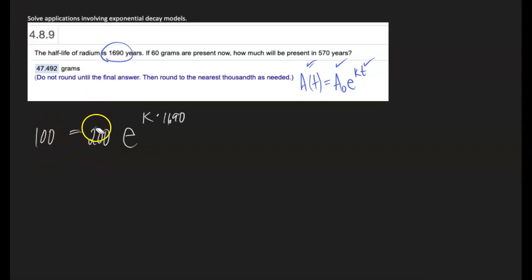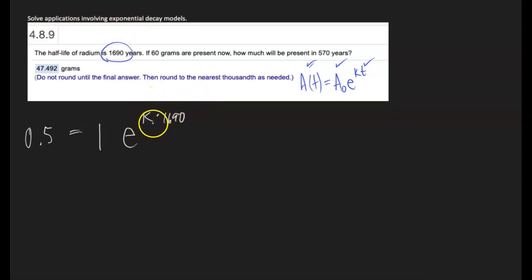Or I could say the initial value is 1, and what's left after 1,690 years is 0.5. So no matter what I pick here for initial value, there will be this relationship between these two pieces, given that we know this half-life, we know that time. So that allows us to solve for K.